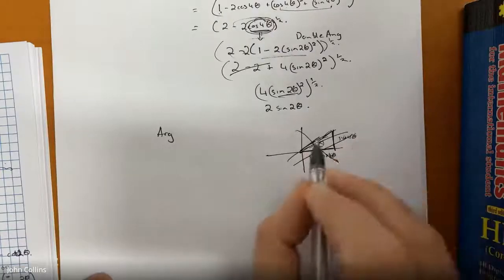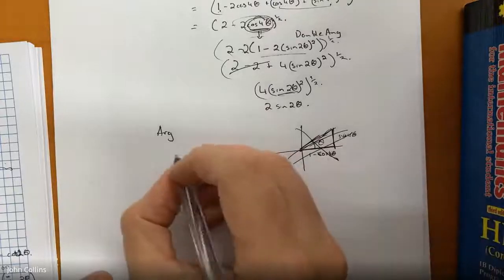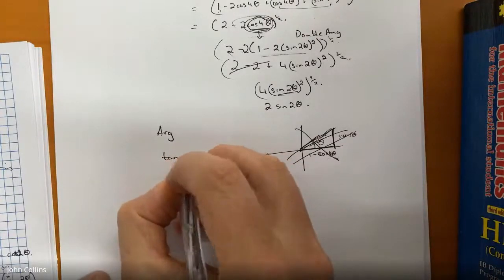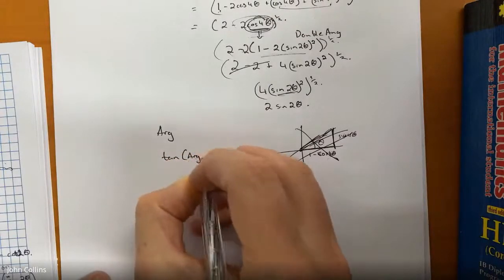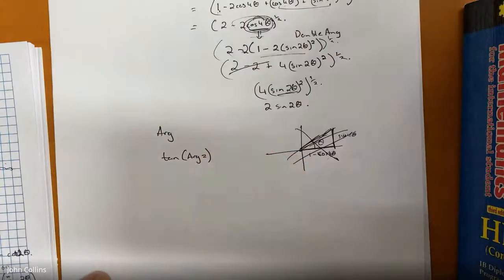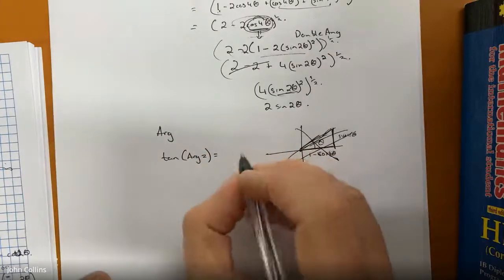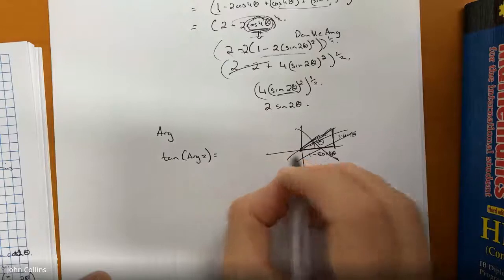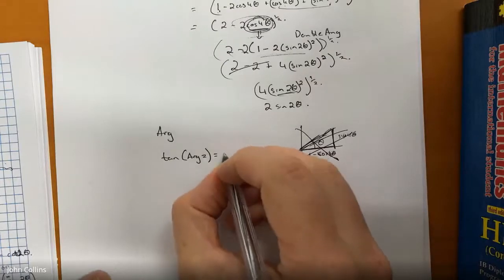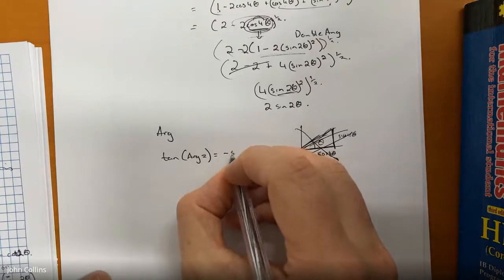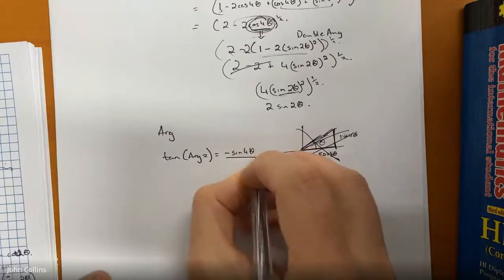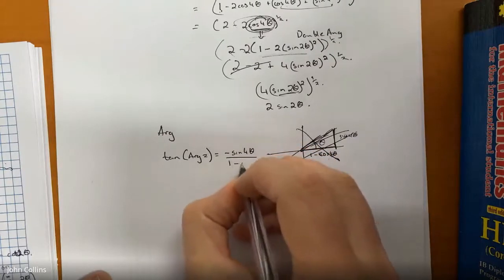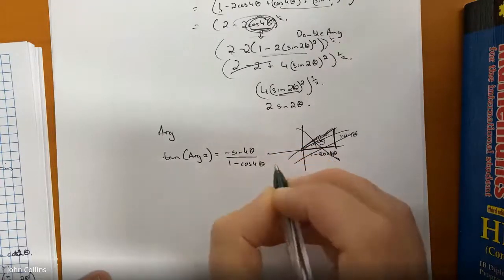That sketch was inaccurate, just to show. So if I get the tan of the argument, perhaps that will help find the actual argument, because the tan of the argument will be the imaginary divided by the real: sine 4 theta divided by 1 minus cos 4 theta.